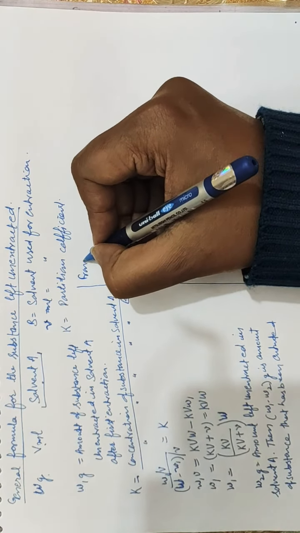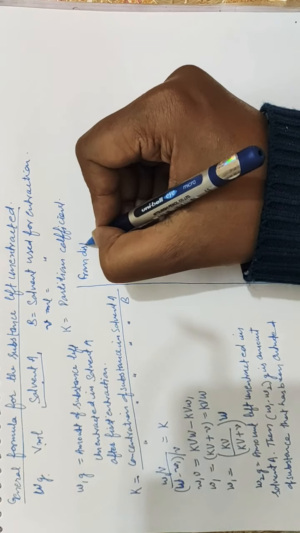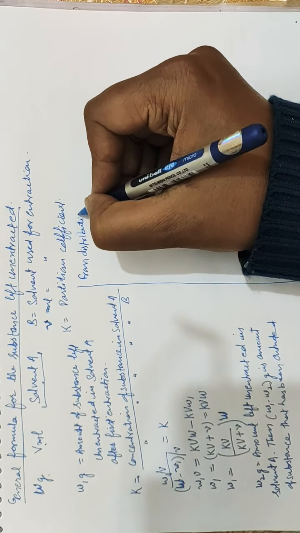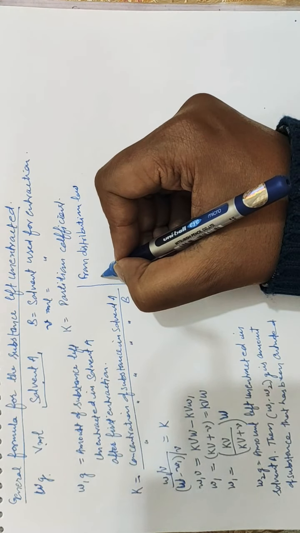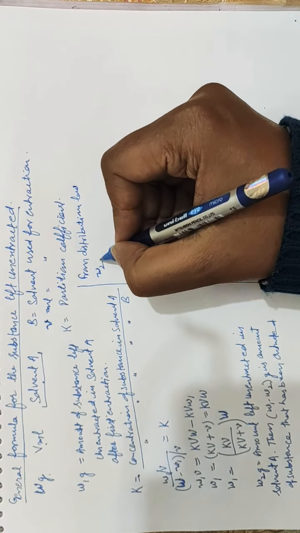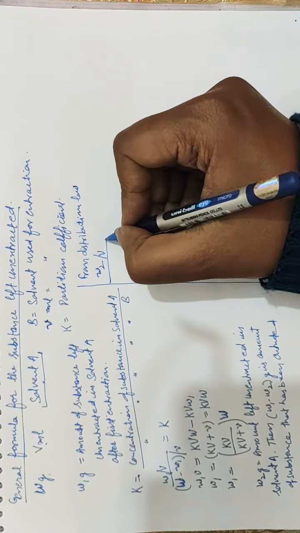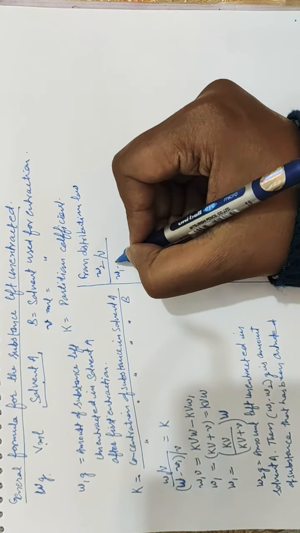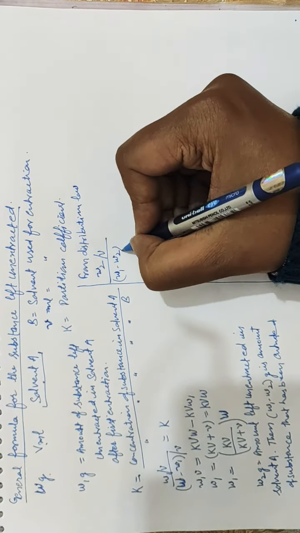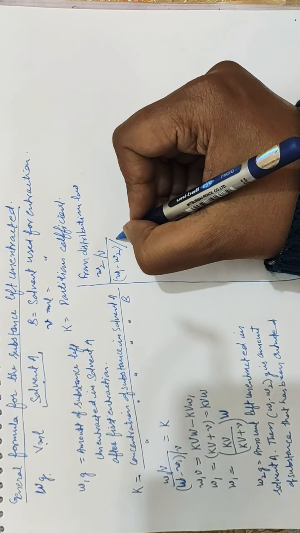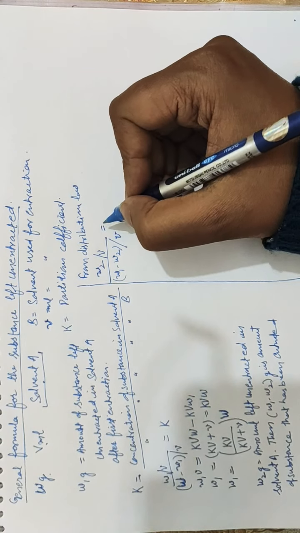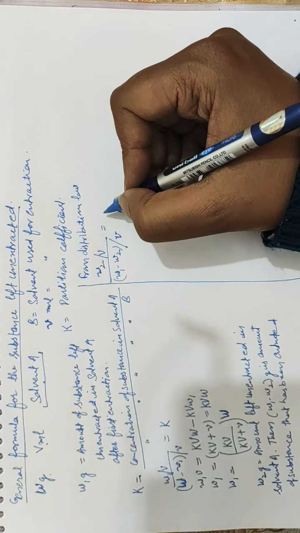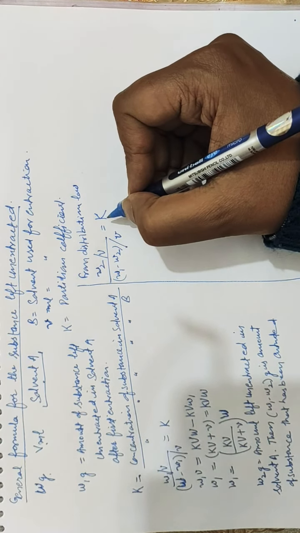So further, from the distribution law, K will be equal to w2 over V divided by (w1 minus w2) over small v, because the volume of B taken will be the same, as it is a multiple extraction.